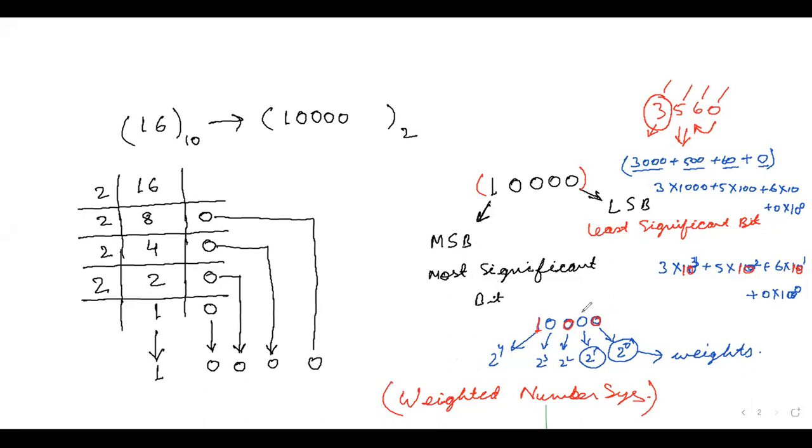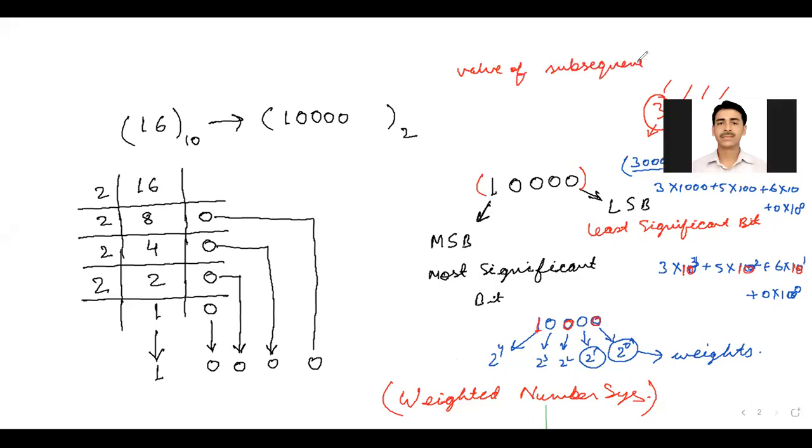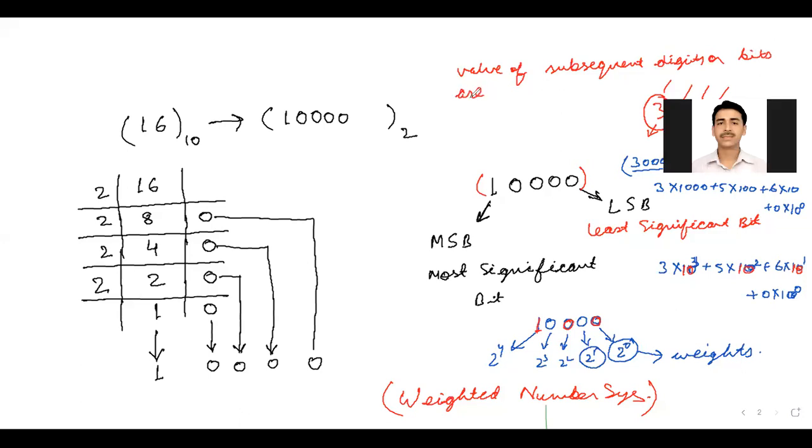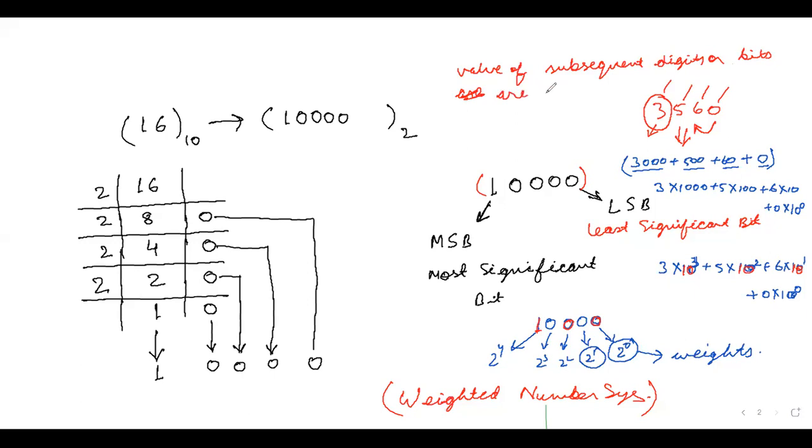Because the value of subsequent digits or bits is increasing by a particular weight or ratio.